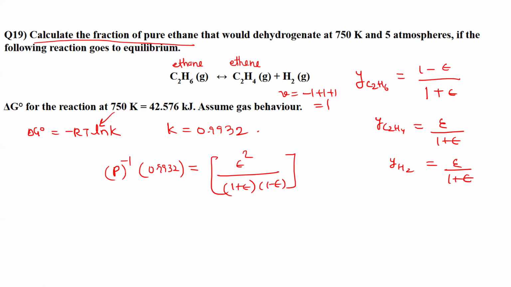And upon substituting 5 bar here, when you solve, the epsilon is equal to 0.4. That is what you get. Finally, you will get y of C2H6 equals 1 minus 0.4 by 1 plus 0.4, which you can calculate here as 0.428. Okay.